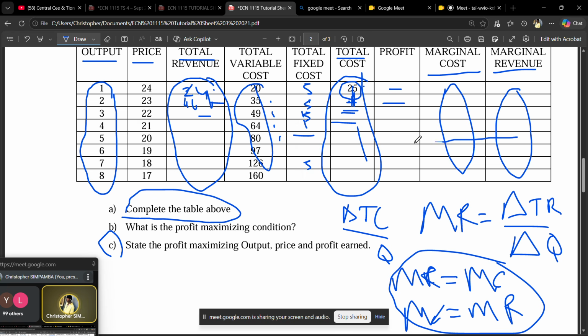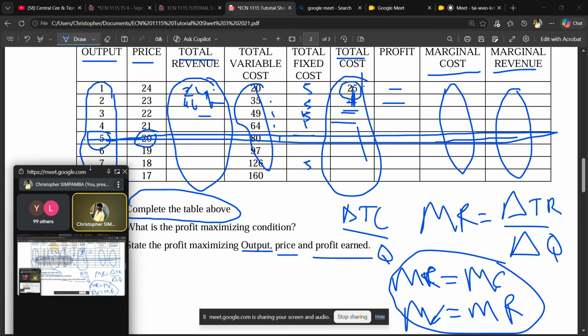That same line will also give us the quantity, the price, and the profit. The same line where these two are the same will give us everything that we need here.